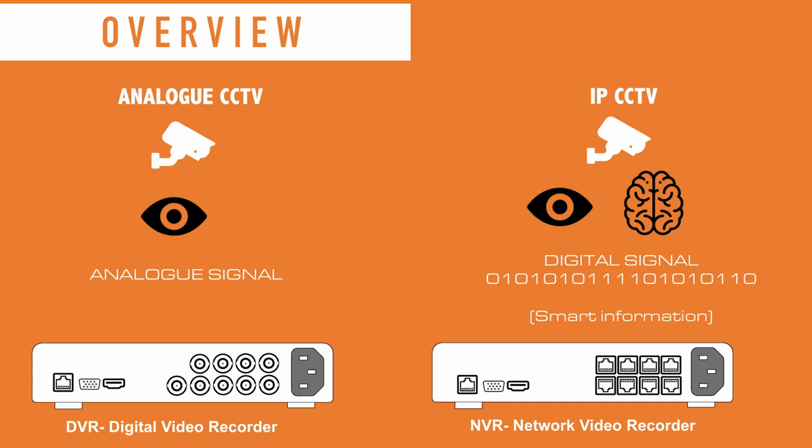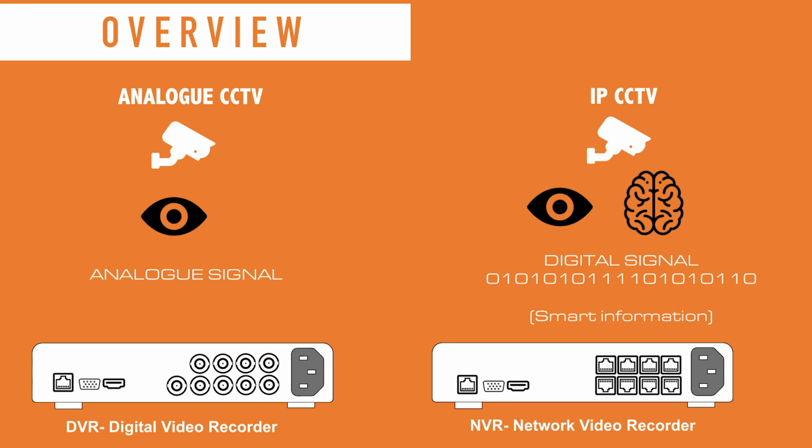So for example, in more complex systems where you're trying to record number plates, only an IP system would allow you to actually extract that data, whereas an analog camera, although it might be able to see a picture of a number plate, would not be able to extract that data the way an IP system can.